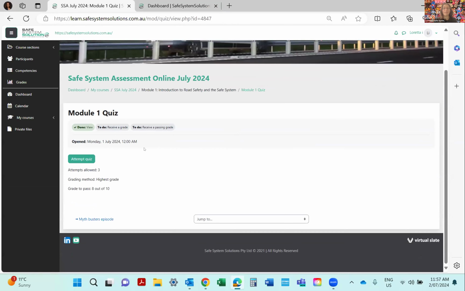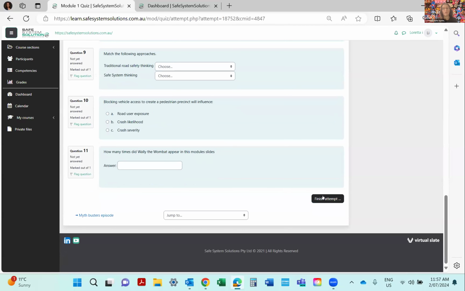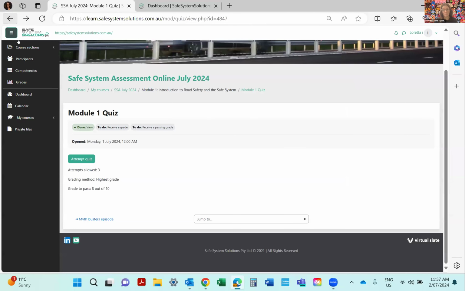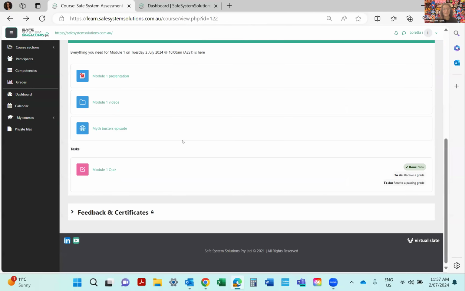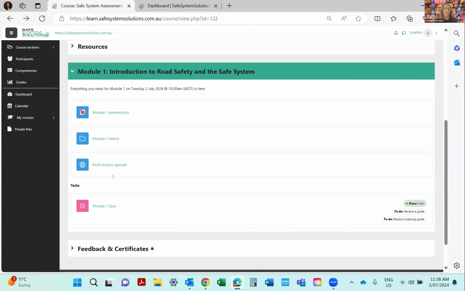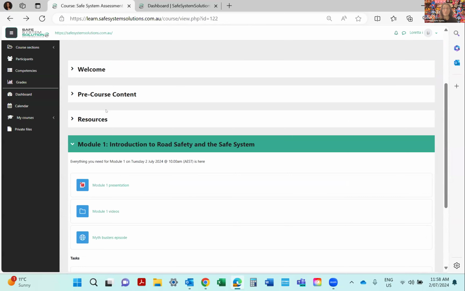Most of them are multiple choice. And then once you've answered all of those questions, you click on finish attempt. And that's all you need to do for module 1. So that's pretty basic on that one. We'll go through feedback and certificates at the end of the course, so don't worry about that for now. But that's all you'll need to do for module 1.